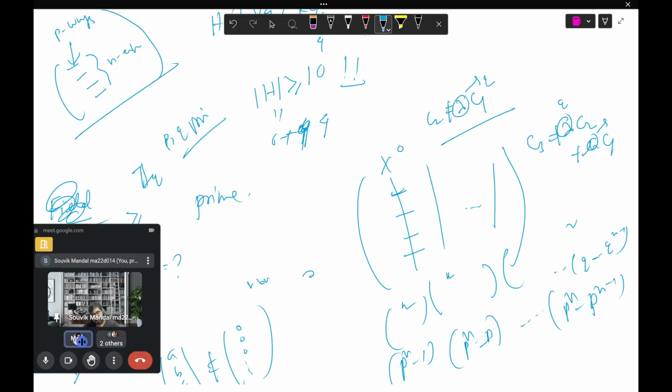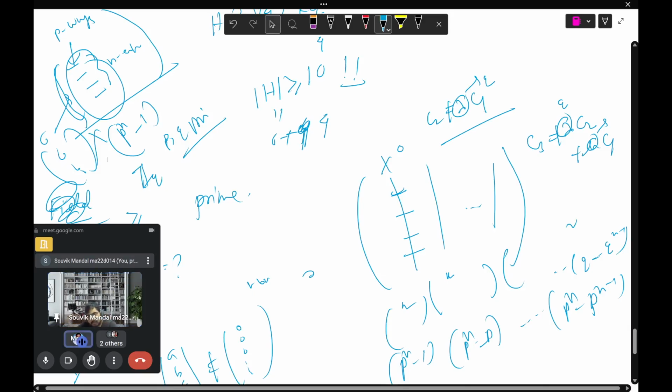So p to the power n ways in total, right? Yes. But this full column can't be 0, 0, 0, right? It can't be all zero. So that's p to the power n minus 1. Understand? Yes, sir. Okay, sir, I will learn.